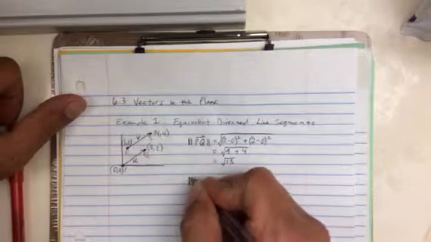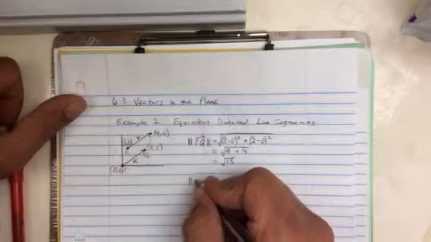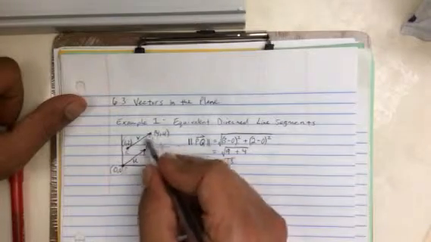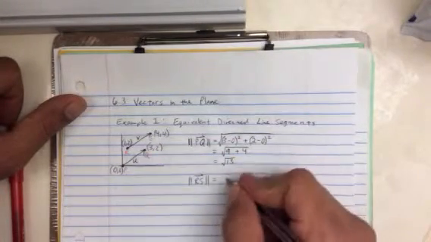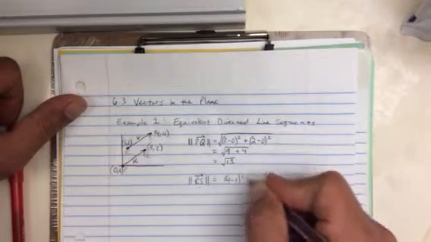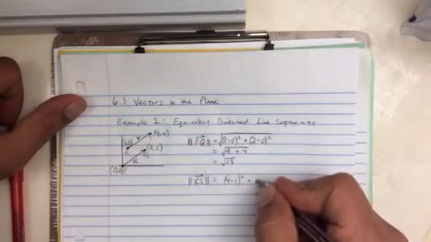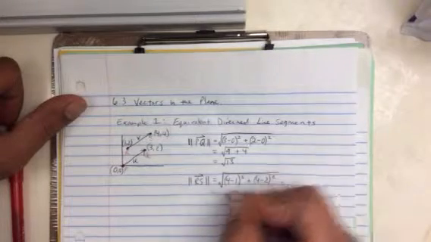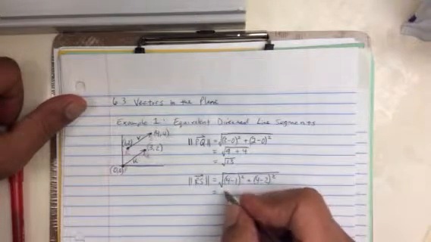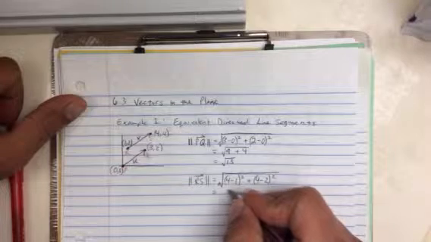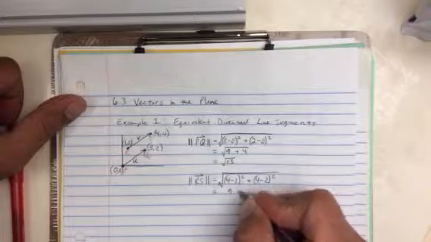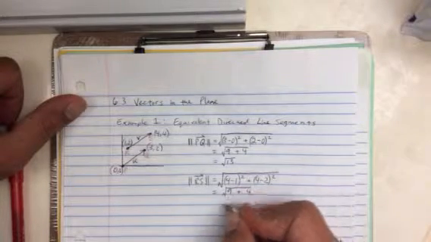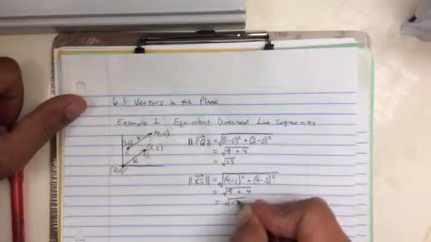All right, now we're going to find the magnitude of RS. That one is going to be 4 minus 1 plus 4 minus 2, and then we take the square root, and we get 3 squared, which is 9, 2 squared, which is 4, and we get the square root of 13.